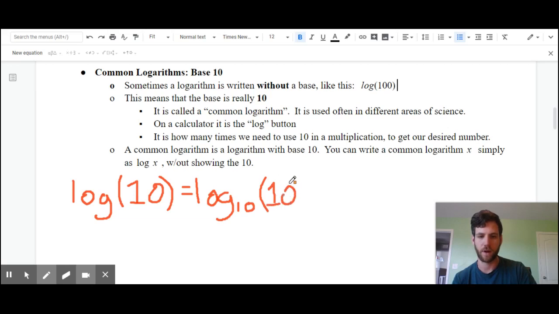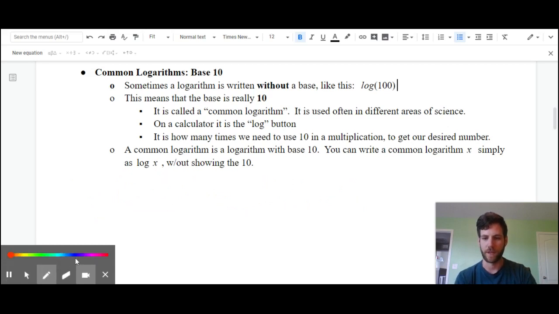And when we're evaluating logarithms, we just want to think about how many times it would take 10 multiplying by itself to reach 10, its input. So we only need one. We know 10 to the first power is equal to 10. So that means the log of 10 is going to be equal to 1.